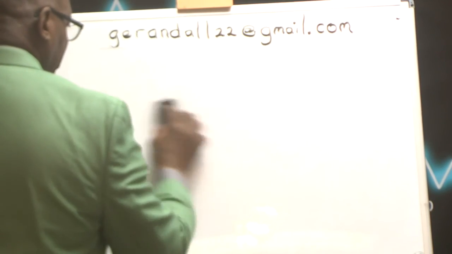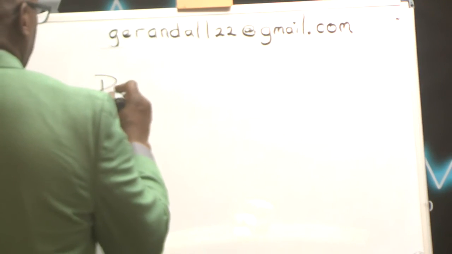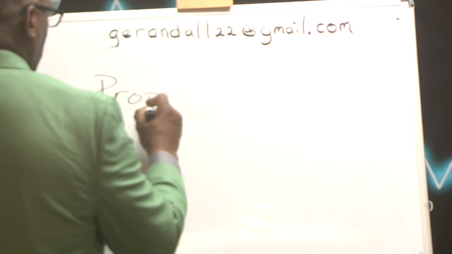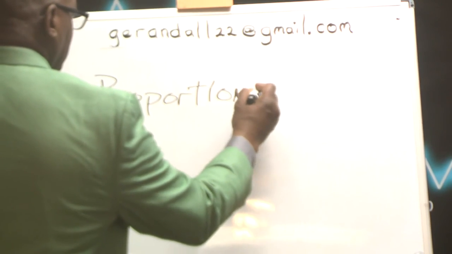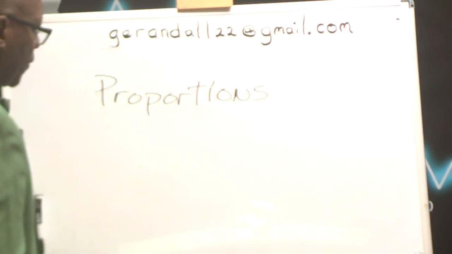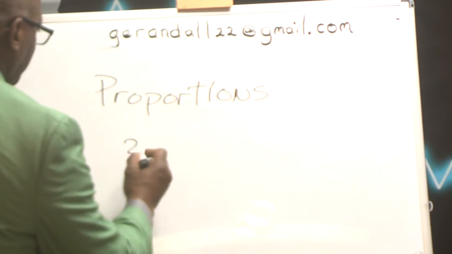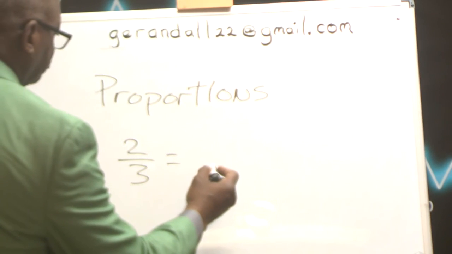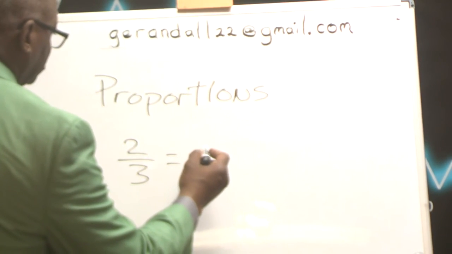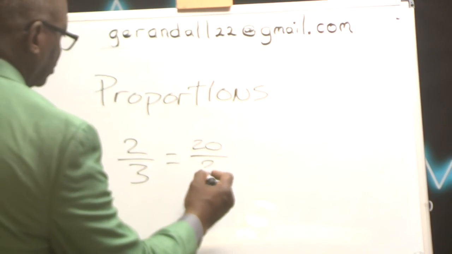And the last thing, proportions. Okay? And again, 2/3 is equal to, in this case, 20 over what?